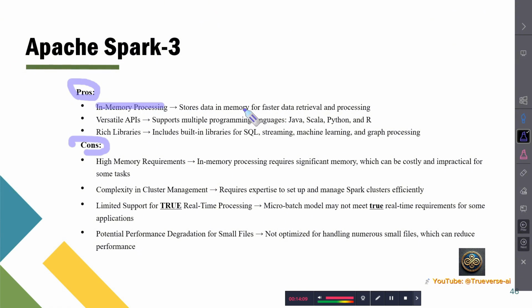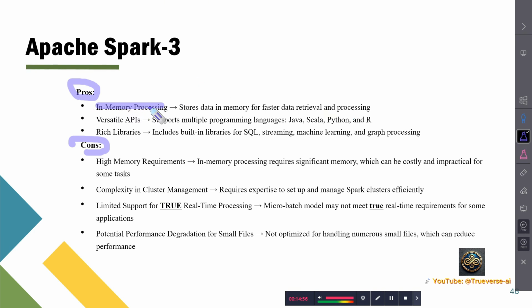Data is stored in memory for faster retrieval. If you know about operating systems, processes mostly run in RAM, in the memory. If the RAM is full, the operating system sends tasks and jobs to the hard disk, so processing happens on the hard disk. That's why RAM is much more expensive than hard disk storage. Hadoop works like that.